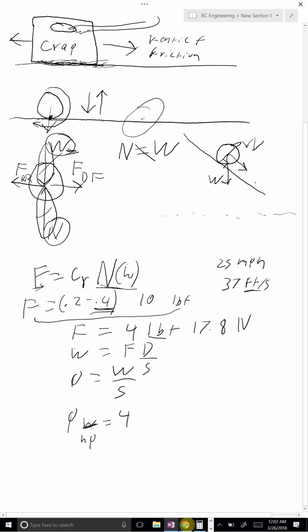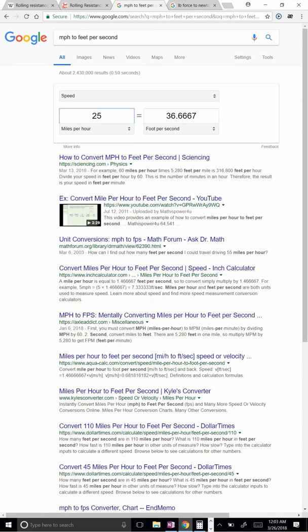Now we need to put this in meters for a second. Meters.